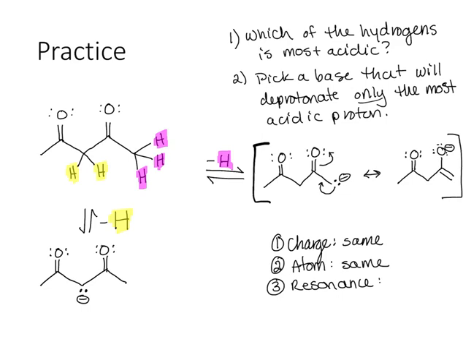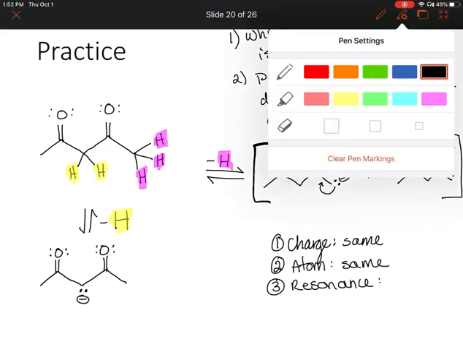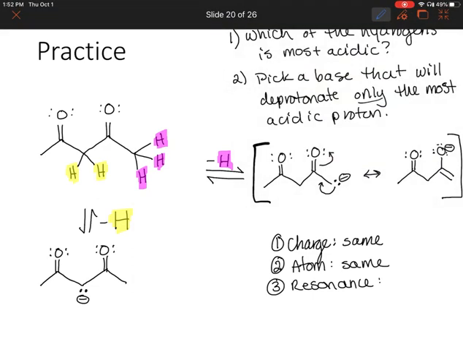And what about our other conjugate base? If we lose a yellow hydrogen, do we have any resonance there? Yes, in fact, we have two different ways to form resonance. This lone pair is next to two single bonds, and each of those single bonds is connected to a pi bond.